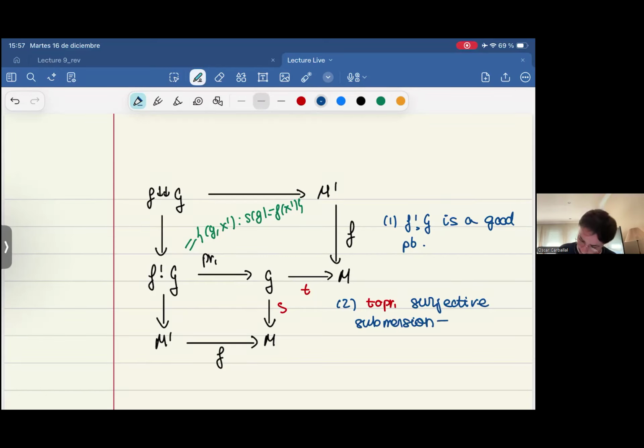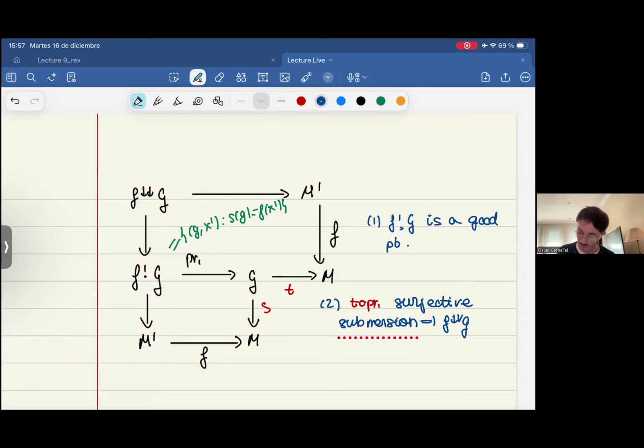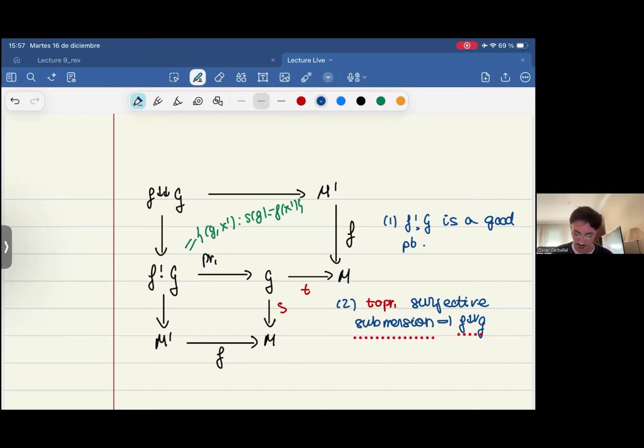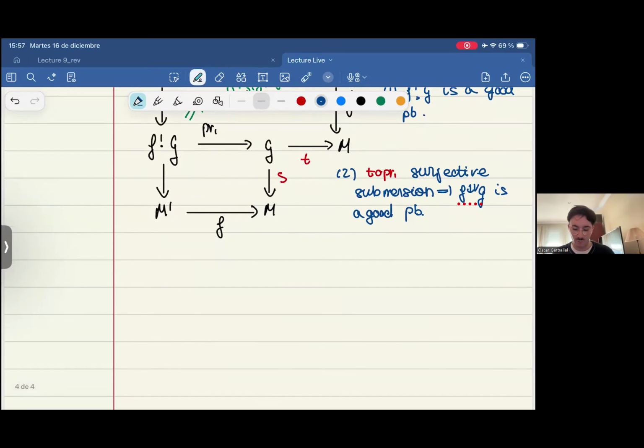So provided that this composition here is a surjective submersion, then what we know is that our thing here is indeed a smooth manifold, and this diagram is a good pullback. And by our construction, we can compose these two diagrams, and it's not difficult to see that these two conditions precisely imply that we have another good pullback diagram, which is the following one.